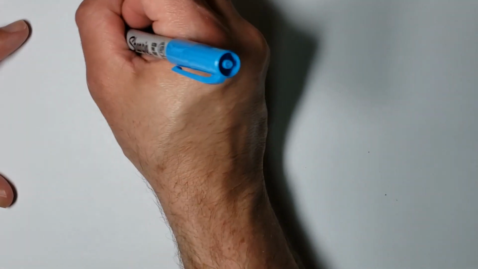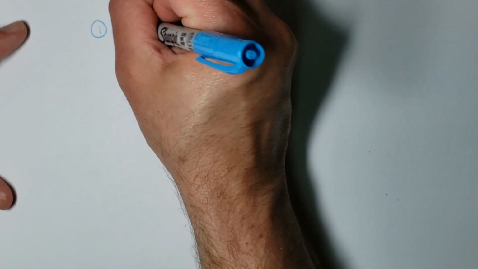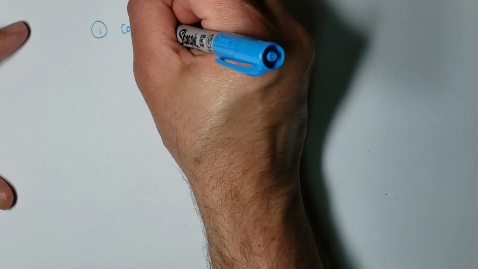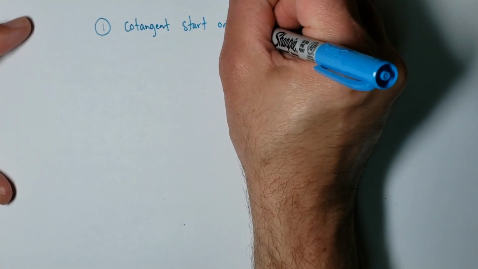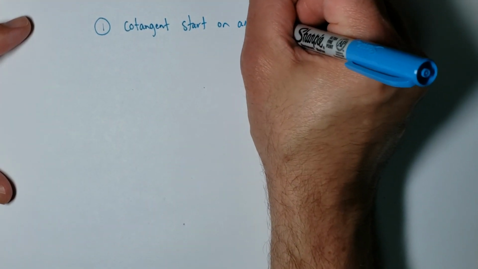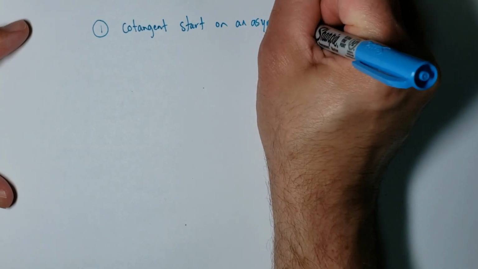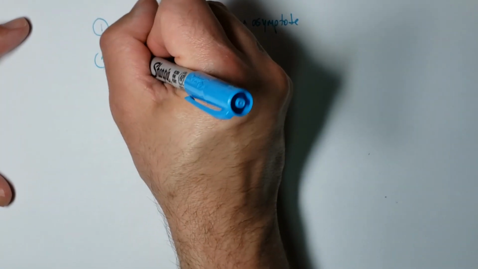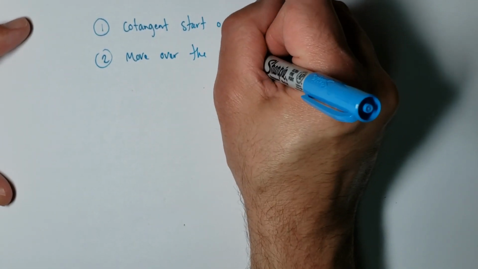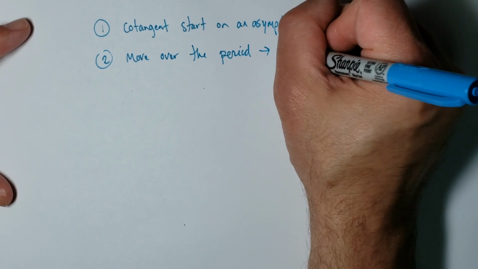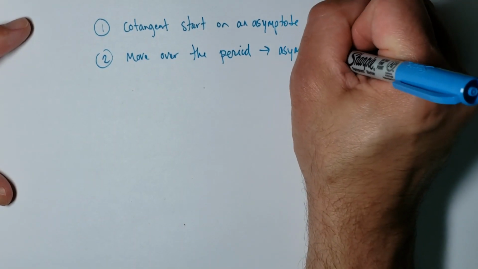So if we wanted to do, let's do another example. Or should we write out steps? Let's write out steps. So the first thing you want to do, cotangent starts on an asymptote. So you want to start it on an asymptote. And then you're going to move over the period and draw another asymptote.